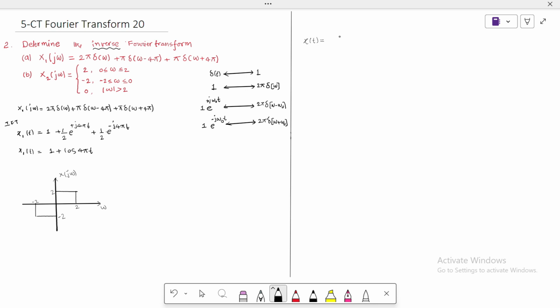So x of t equal to the integral, so here we have 1 by 2 pi, from minus infinity to plus infinity, x of j omega into e power j omega t into d omega. So this is the case. So this is x of j omega. It is having the magnitude from minus 2 to 2.